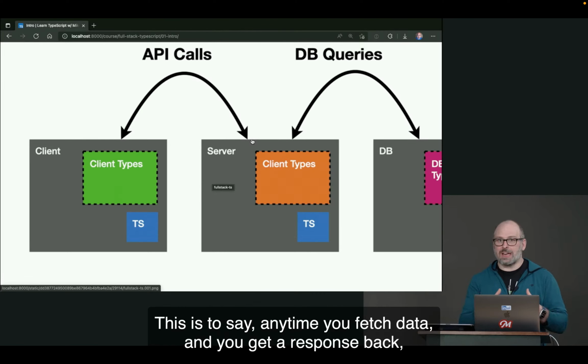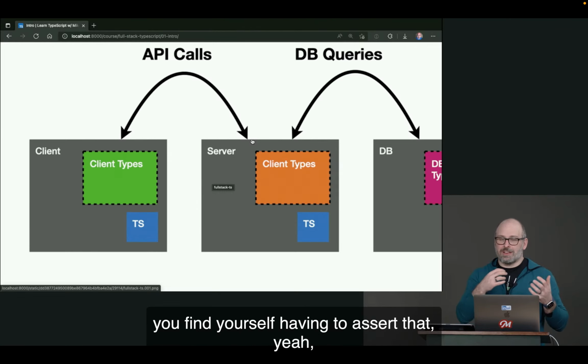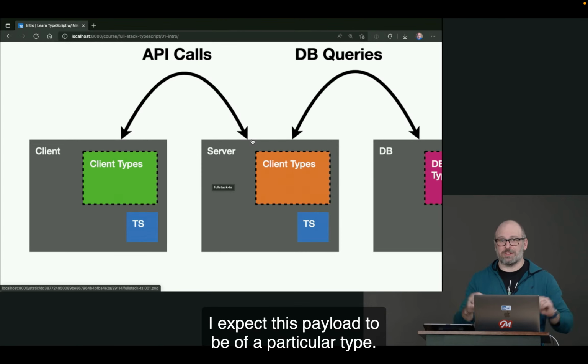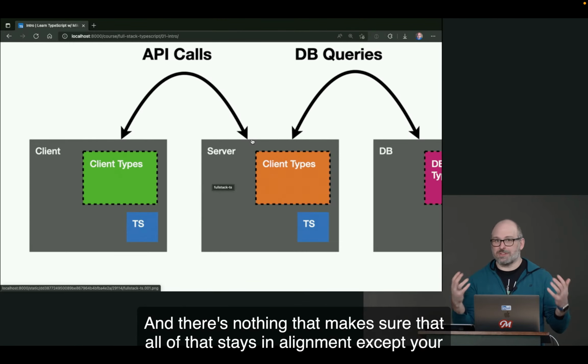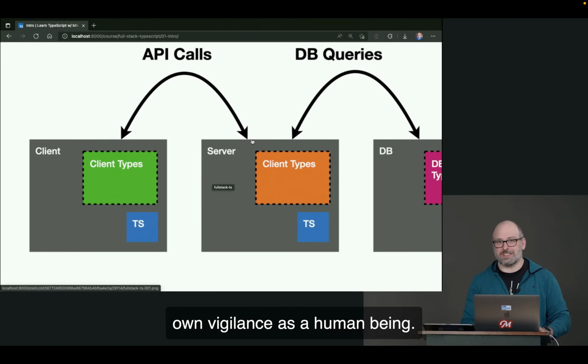This is to say, anytime you fetch data and you get a response back, you find yourself having to assert that, yeah, I expect this payload to be of a particular type, and there's nothing that makes sure that all of that stays in alignment except your own vigilance as a human being.